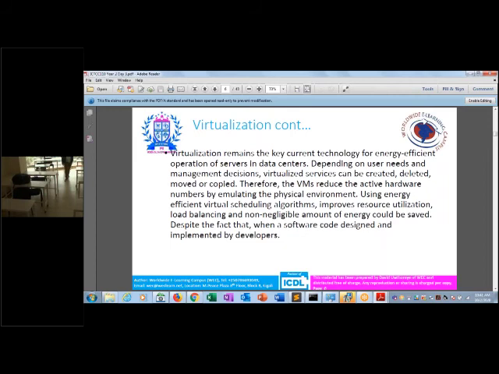Depending on users' needs and management decisions, virtualized servers can be created, deleted, moved or copied.